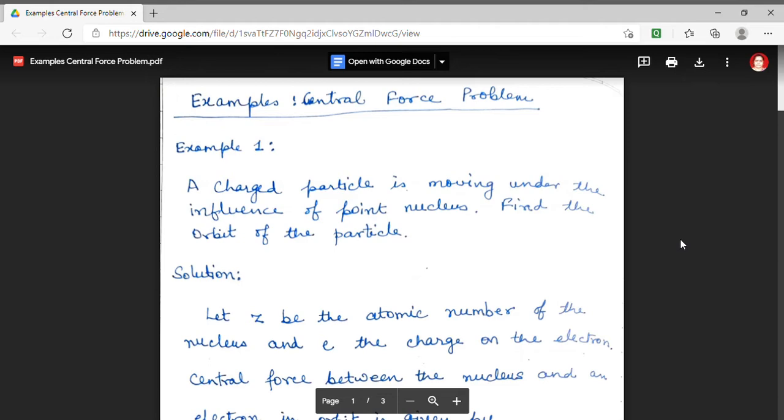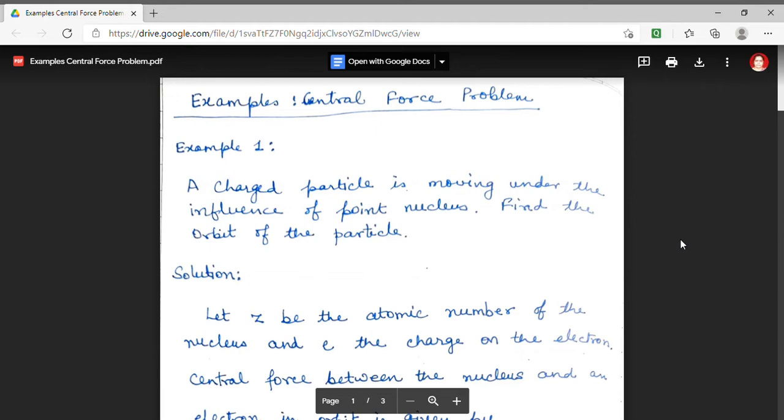That means the square of the time period of revolution is directly proportional to the cube of the semi-major axis. These are the Kepler laws. And we have also discussed the condition of eccentricity, that if eccentricity epsilon is less than 1, then in this condition only we will have elliptical orbits.